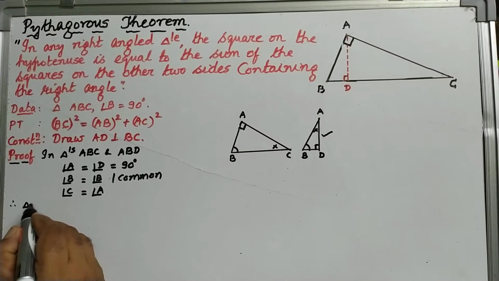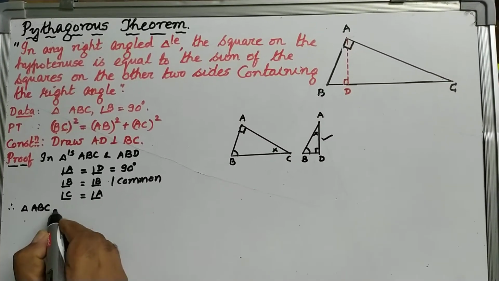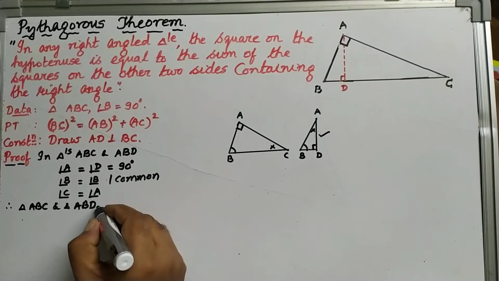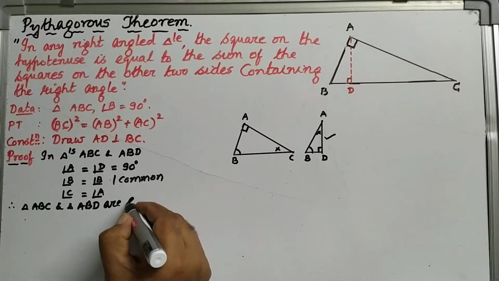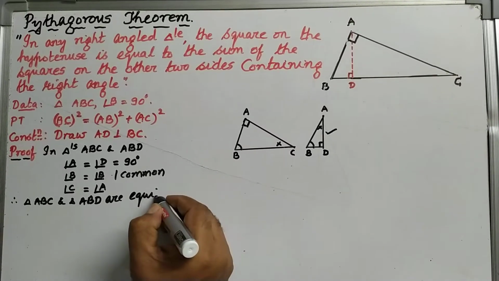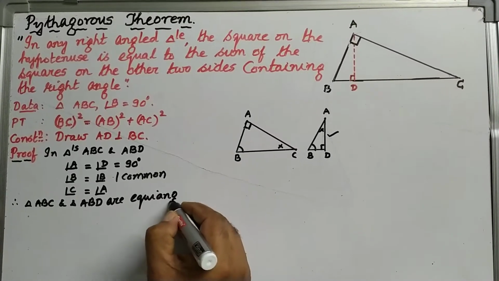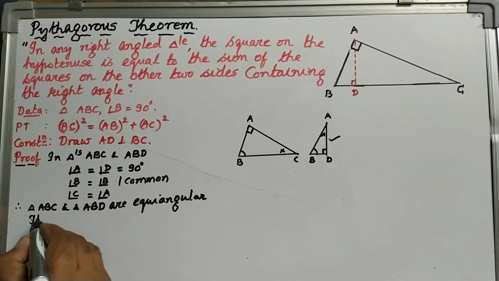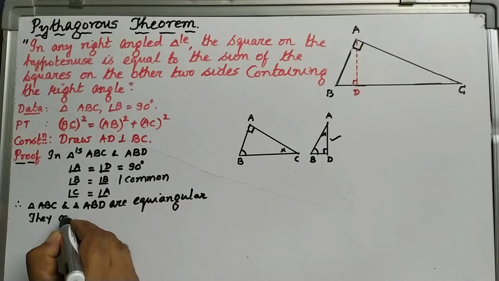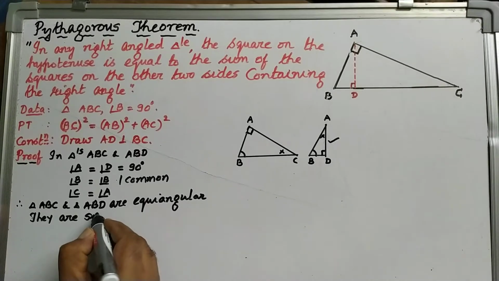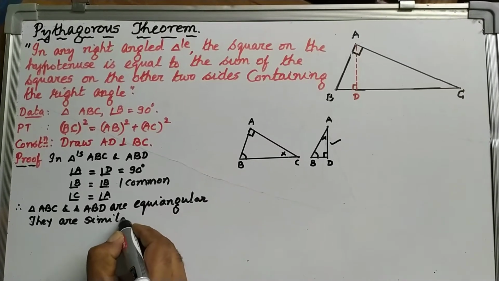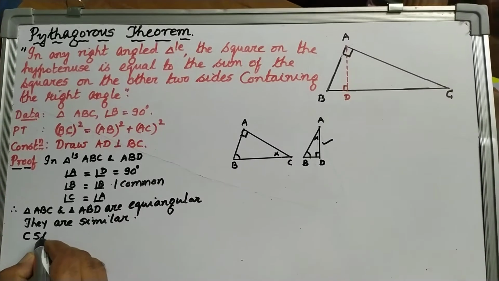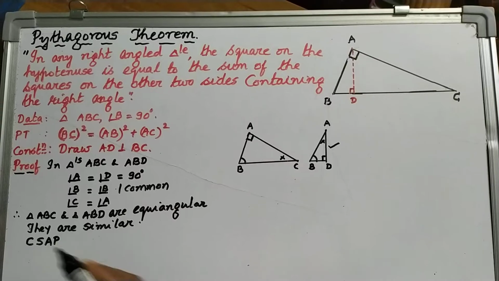Therefore, triangle ABC and triangle ABD are equiangular. If they are equiangular, then they are similar. They are similar means then their corresponding sides are proportional.